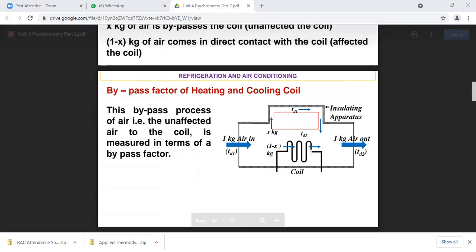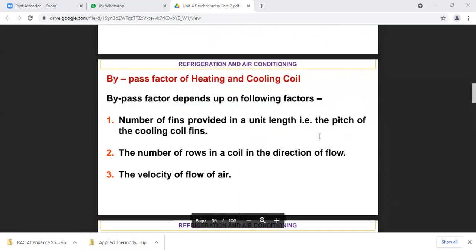Whatever air comes in contact with the coil is affected by the heat taken or given up, but whatever passes at some distance from the coil is unaffected air. That calculation is known as the bypass factor.